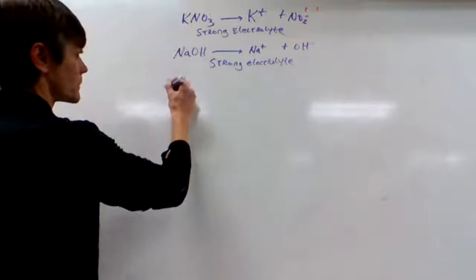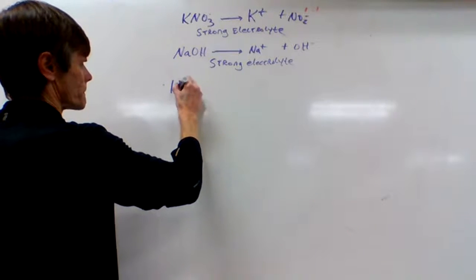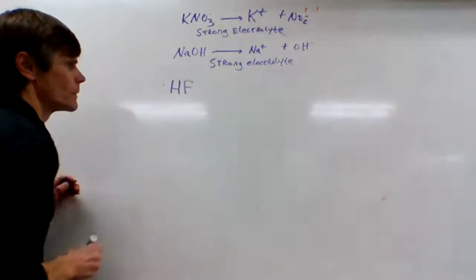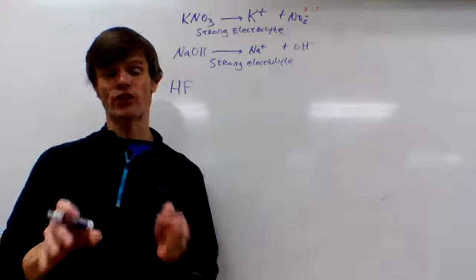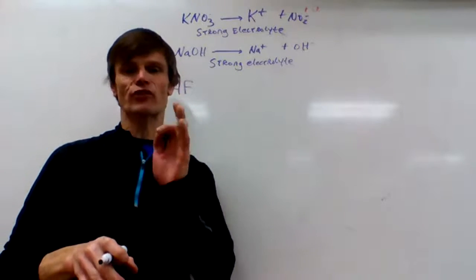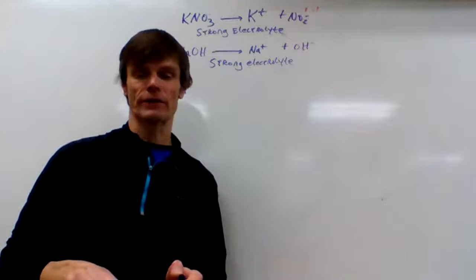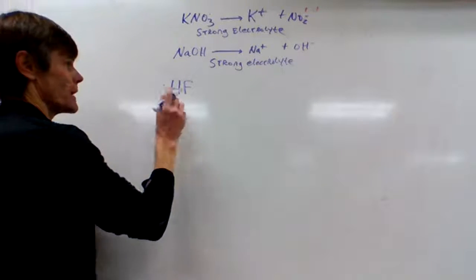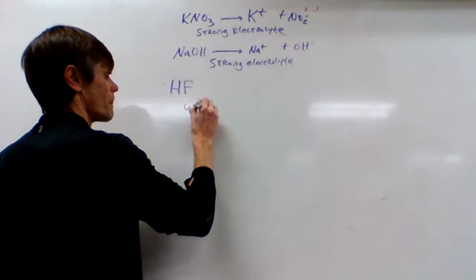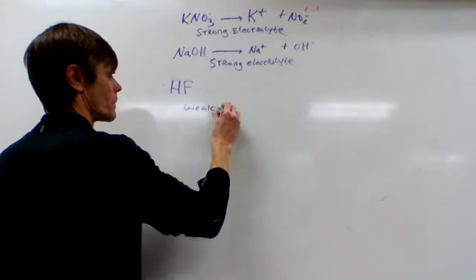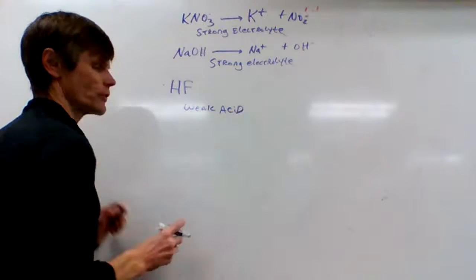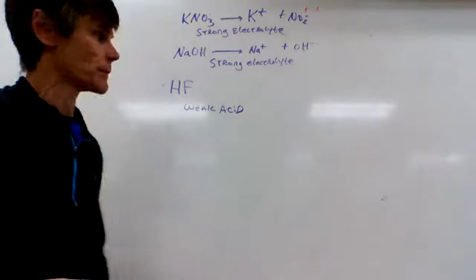HF. Very similar to the acids we showed earlier, but it's not a strong acid. It's not on our list. HF is a weak acid. It's not on the list of our 6 strong acids.